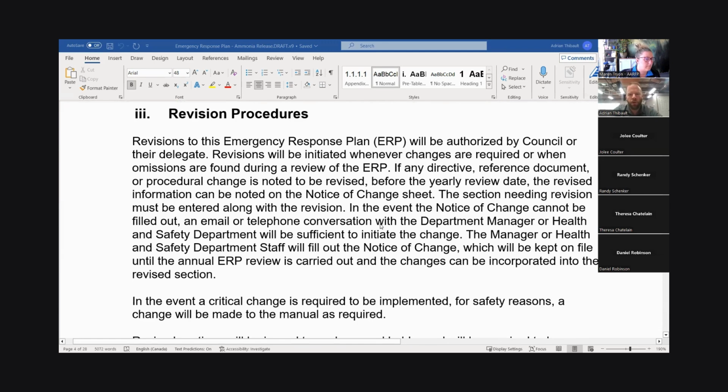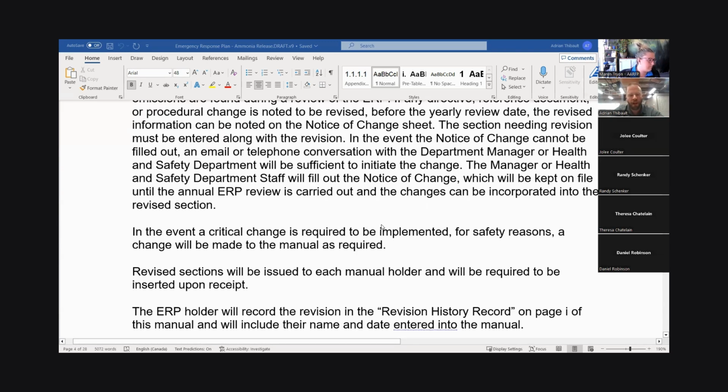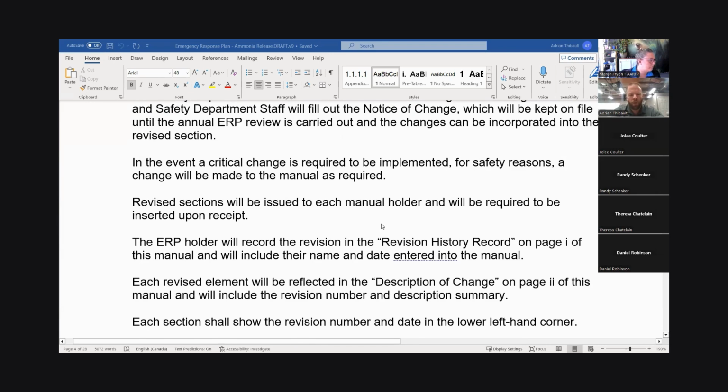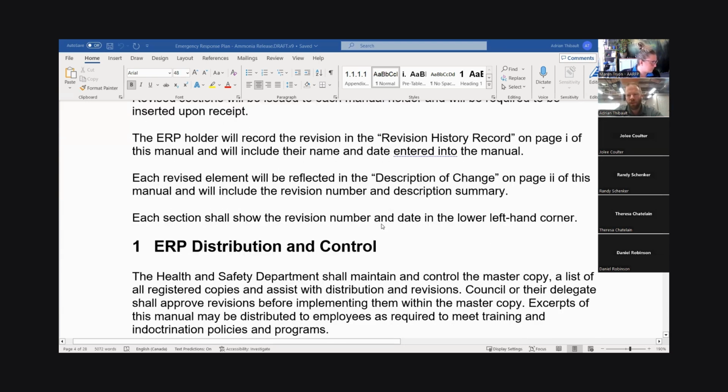Okay, so it goes through revision procedures, and this basically talks about how it's authorized, notice of change, kind of an overview of the overall document itself, and how that is handled and who is the key holder. So who handles the actual revisions? Now, there's going to be lots of people involved in revisions, whether it's frontline staff or management or safety departments, but someone has to be the key holder so that they distribute the documents from there.